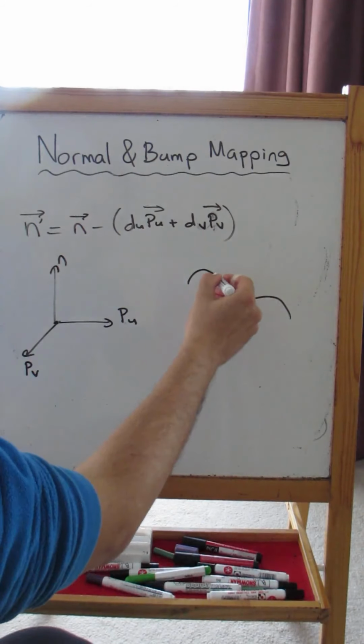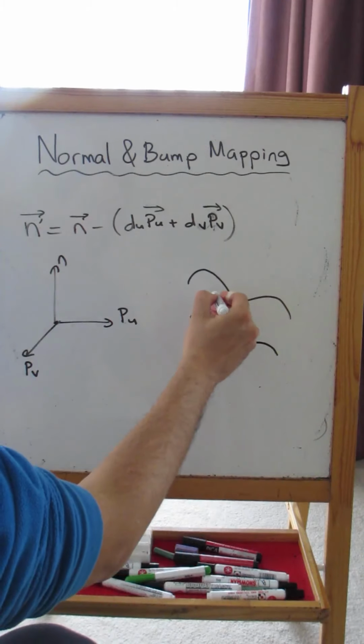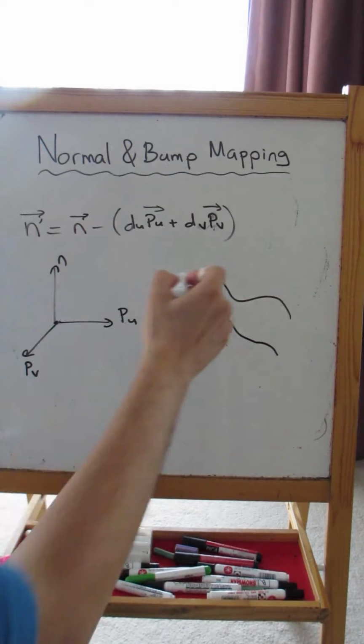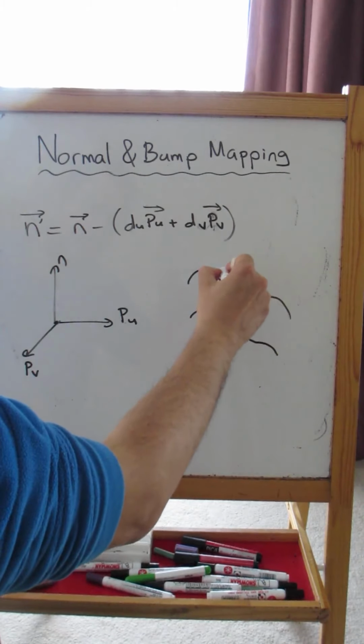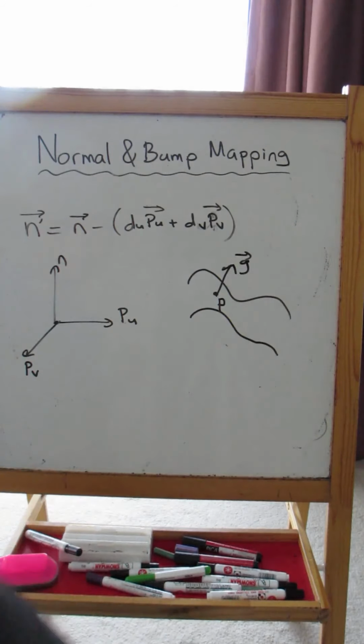At every point P on the surface, a gradient is a vector. The gradient vector is a vector that points along the greatest rate of change on the surface. So the gradient is normal to the surface.